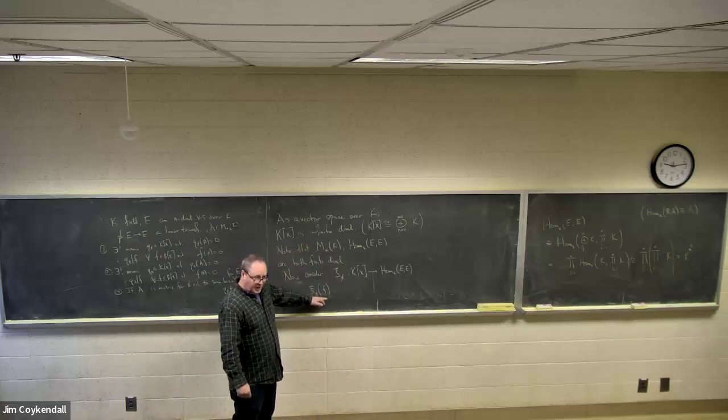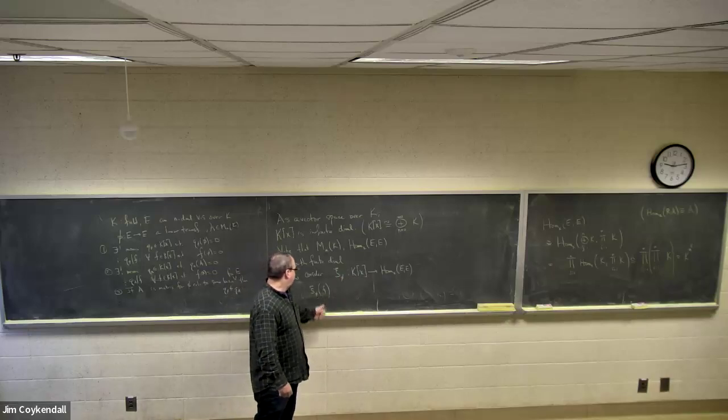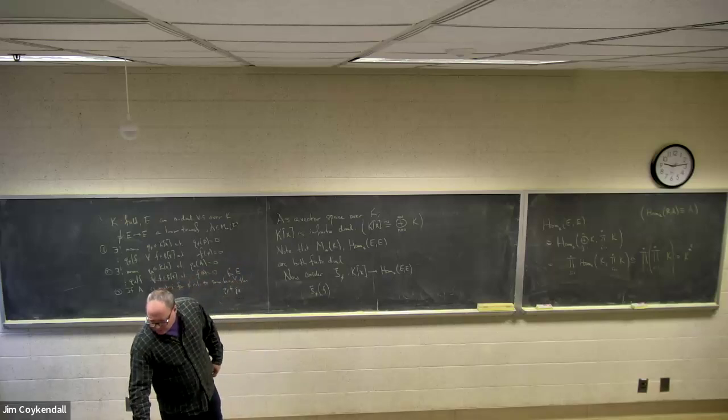My input here is some polynomial f in K[x], and what do I do? How about plugging in my fixed homomorphism phi?